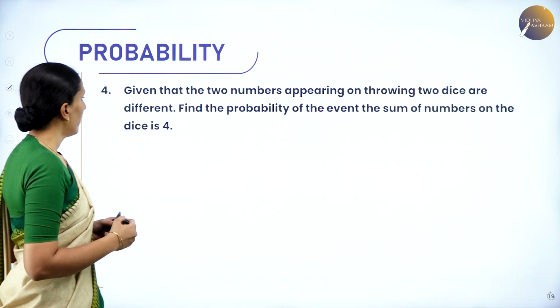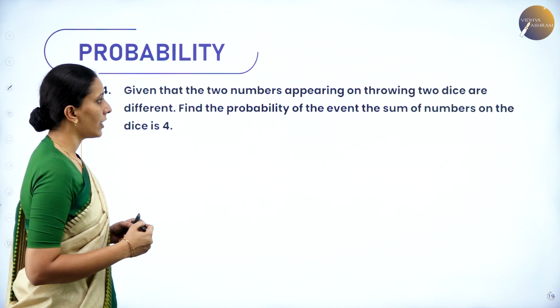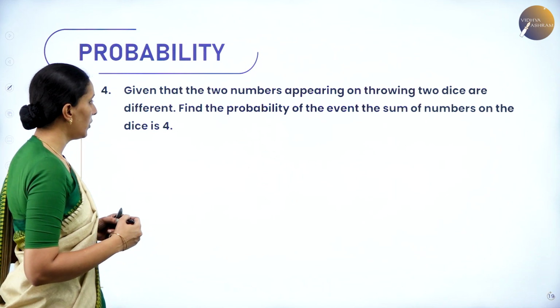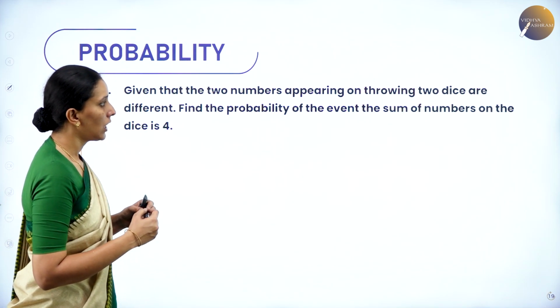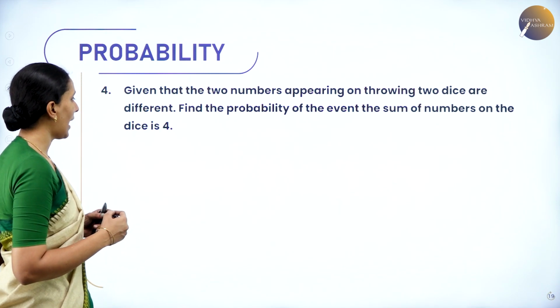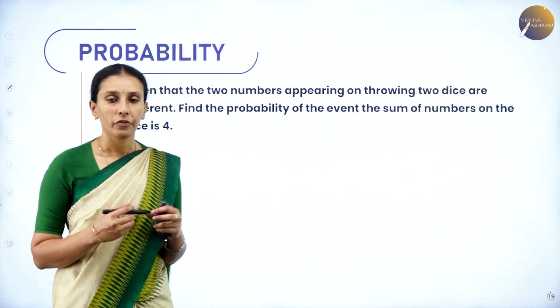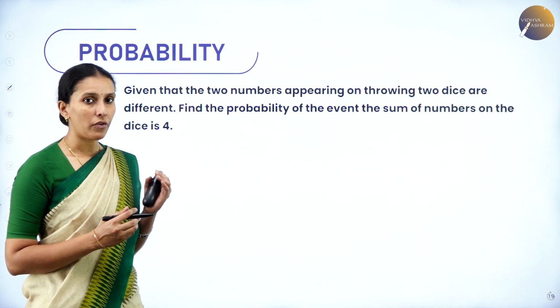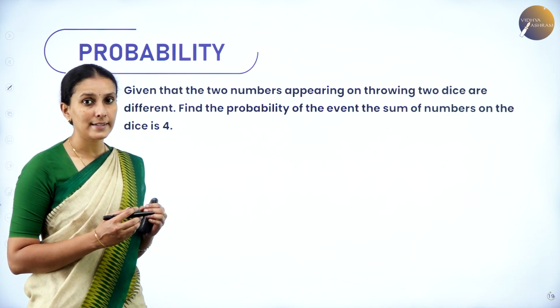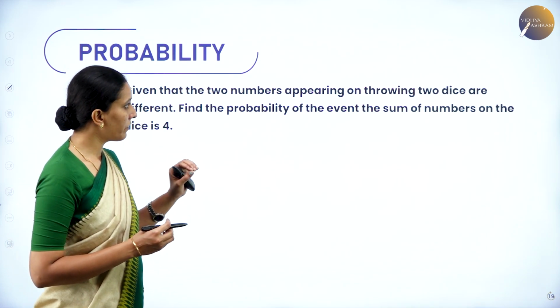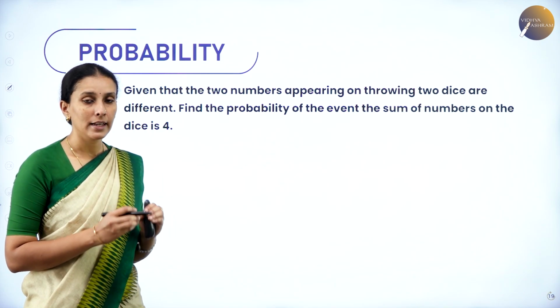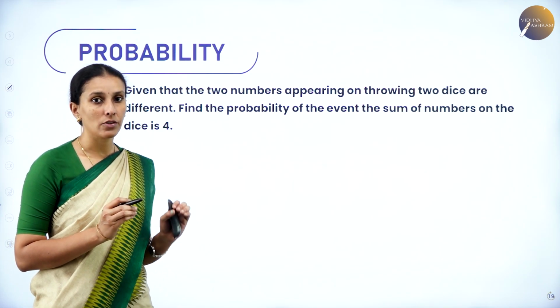Next question. Given that the two numbers appearing on throwing two dice are different, find the probability of the event that the sum of numbers on the dice is 4. We know that the total number of outcomes in throwing two dice is 36. But we need an event where the numbers appearing on the two dice are different.